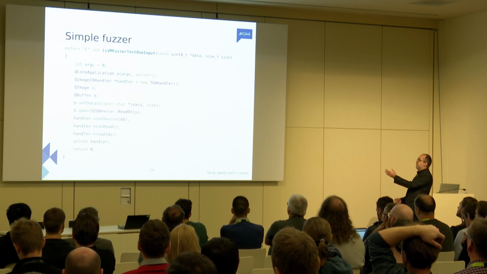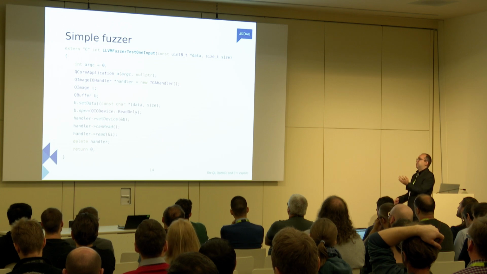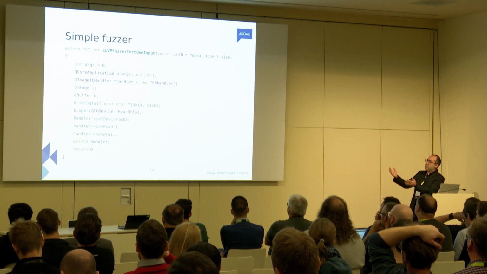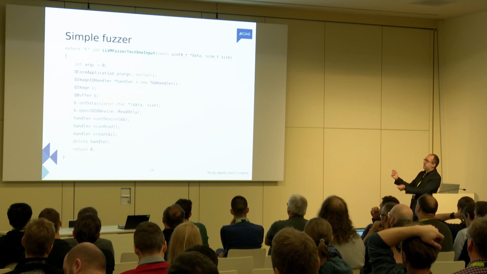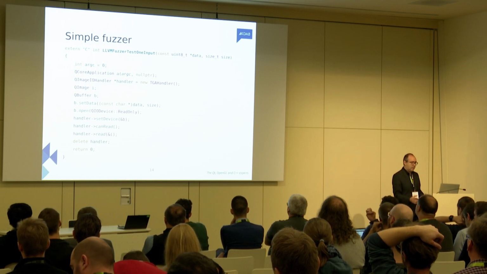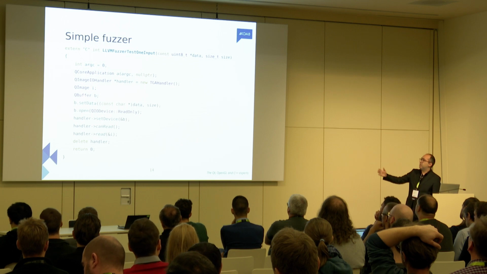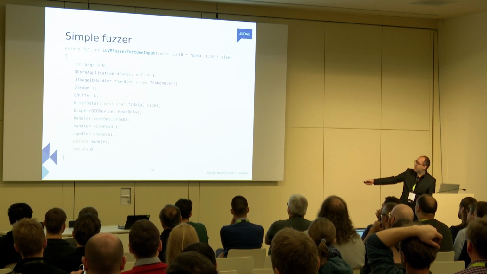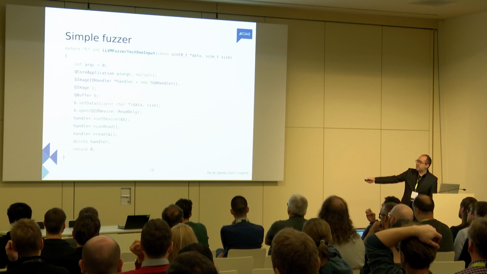So you create your core application because you always need an application, right? You create the handler, and somehow give it the data, right? So you create the image and a buffer, and it's not very complicated, right? You open the buffer, give it, and then exercise your API, right? So you have the canRead and read, right? This could be inside an if.